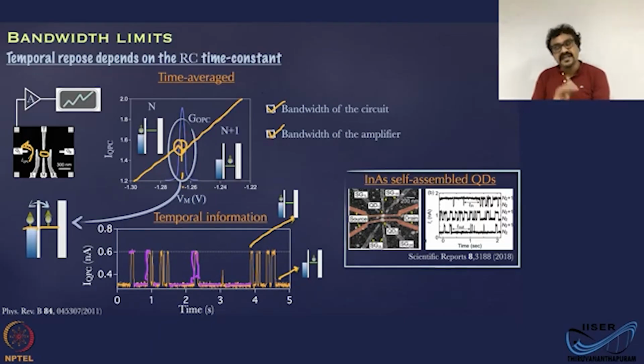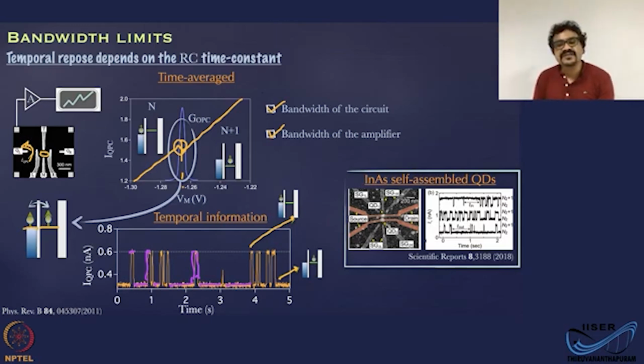That's an amplification, but that's not the amplification I'm talking about, because quantum point contacts, being high mobility devices, can operate at much, much faster time scales, in the tens of gigahertz to terahertz range. What I'm talking about here is the bandwidth of the measurement circuit and the bandwidth of the secondary amplifier, which is connected at the end of the circuit.